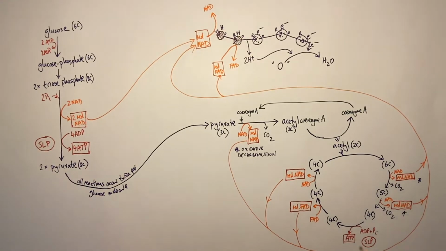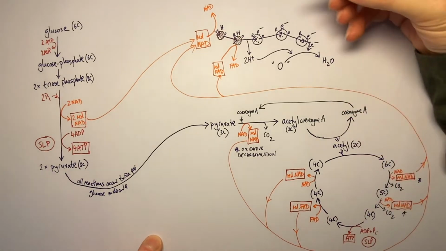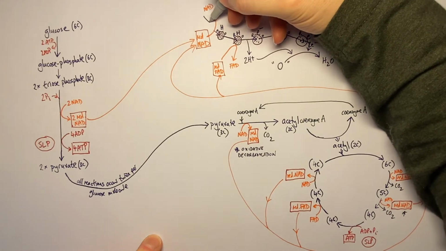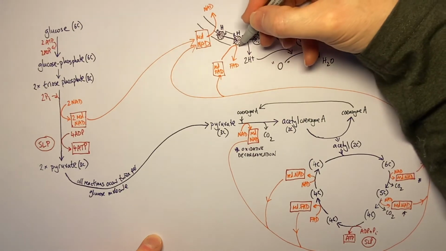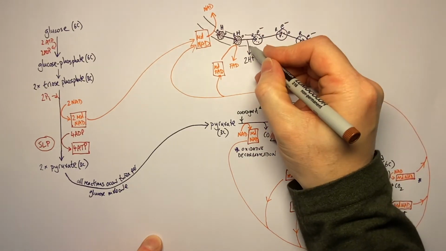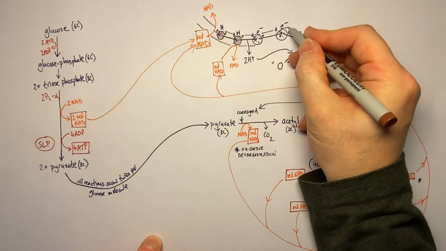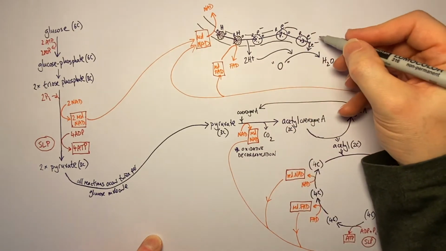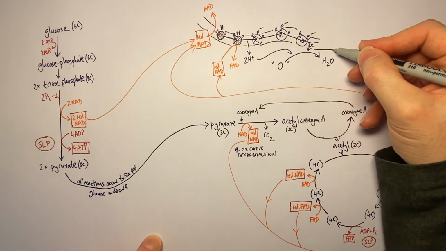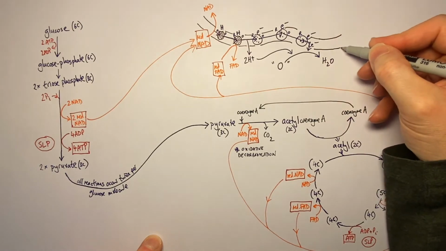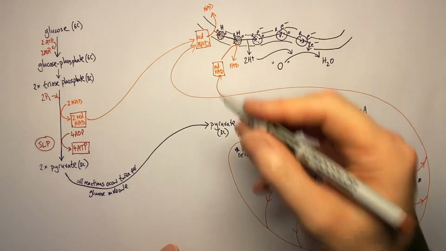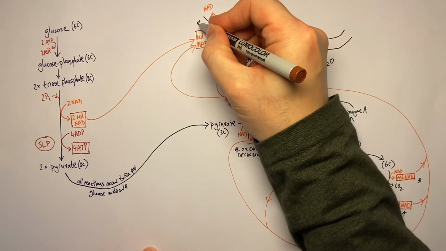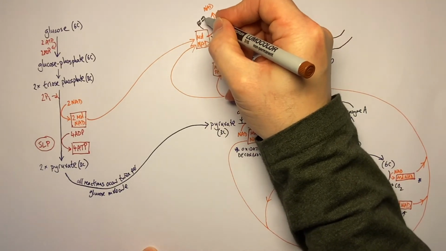Okay, so now I'm going to try and draw the inner mitochondrial membrane. So this is coming down here, like so. So all these proteins are in the inner mitochondrial membrane, which just so happens is being a little bit twisty here, like so. So that's the inner mitochondrial membrane. I'll just draw a couple of phospholipids so you know that is the case.